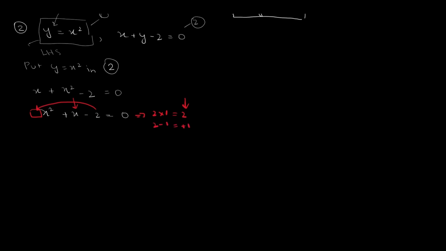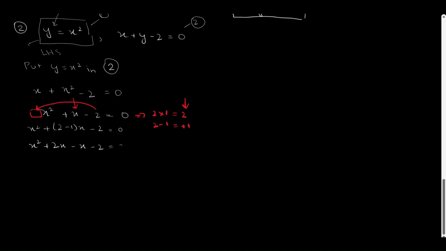So the two factors that we have are 2 and 1, and we need to subtract 2 minus 1 over here. x minus 2 equals 0 plus x squared. So x squared plus x minus 2 equals 0.